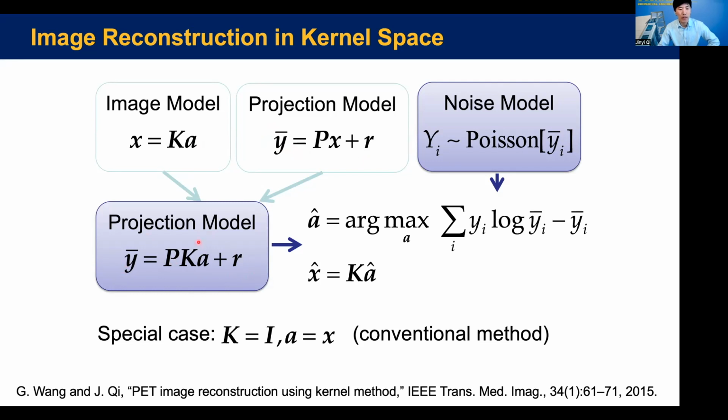Therefore, this can be solved using the standard maximum likelihood estimation. And in the special case when the kernel matrix equals the identity, this just reverts back to the conventional methods.